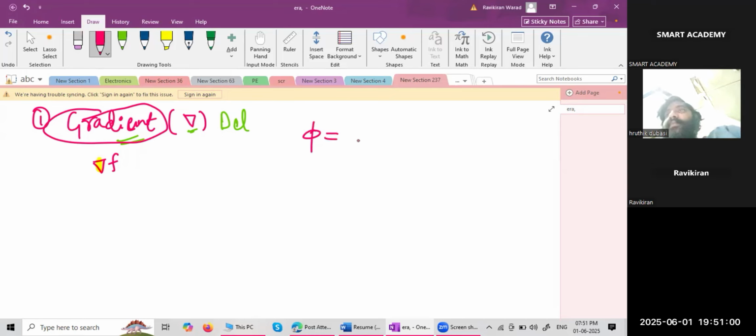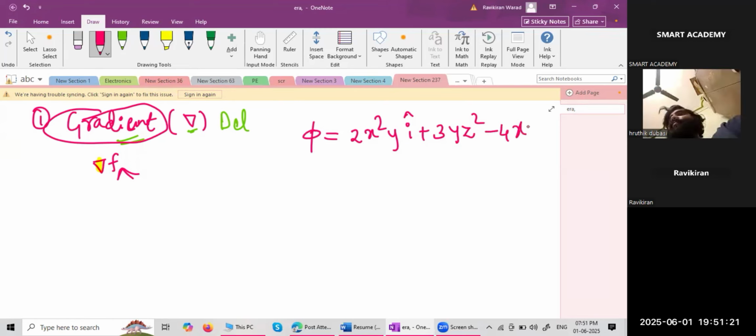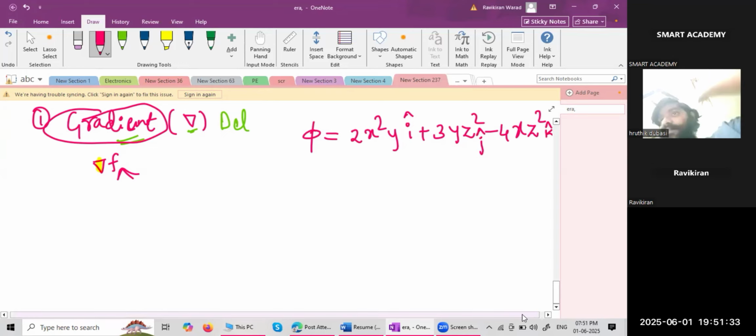Phi is given as 2x square y i cap plus 3yz square j cap minus 4xz cube k cap.